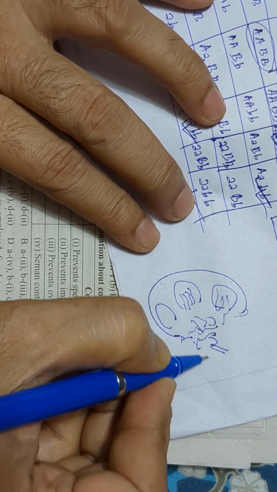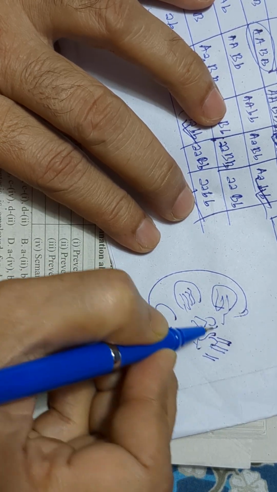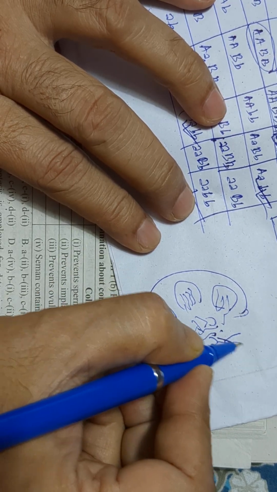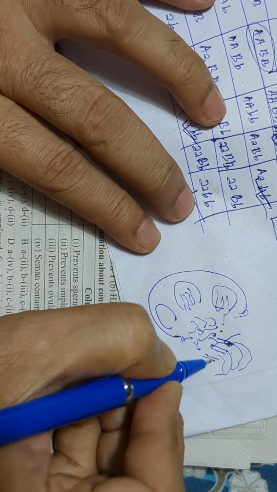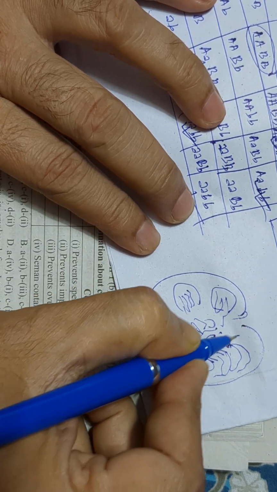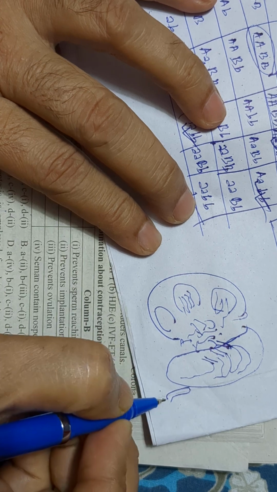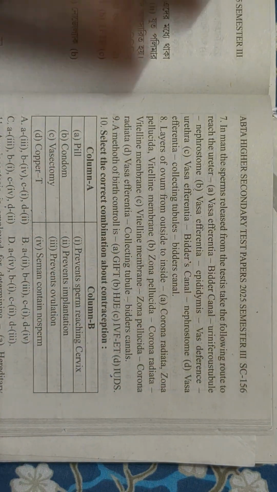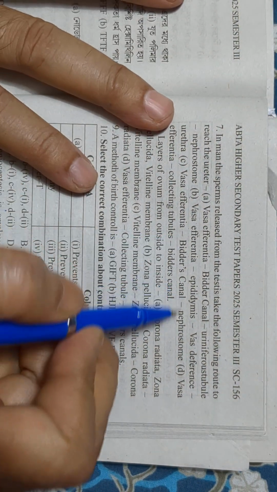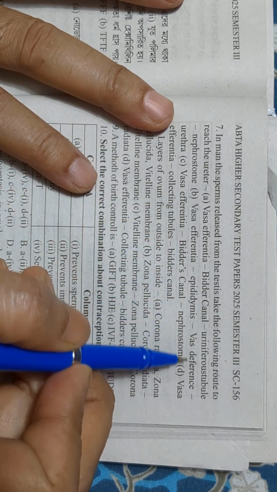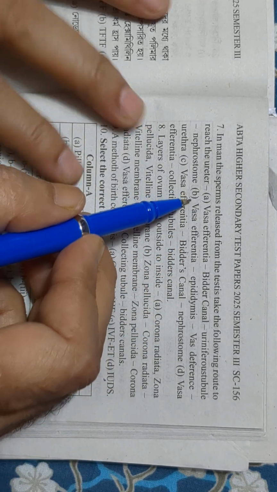From rete testis, some structures arise. These are called vasa efferentia, and they coil again within the epididymis, then come out as vas deferens. So which one would be the correct answer? Vasa efferentia, epididymis, vas deferens, urethra. B is the correct answer.